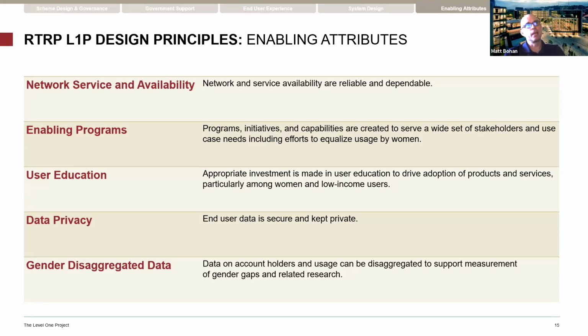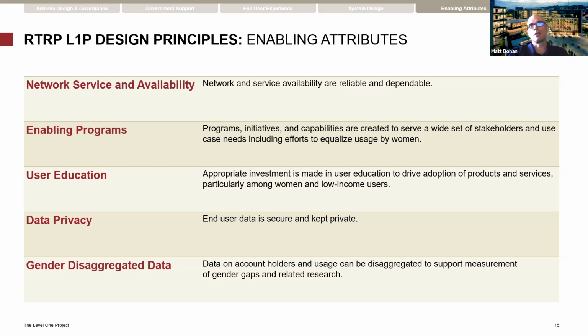So some enabling attributes that we recognize are quite important within the system. Network service and availability have to be there in order to enable these systems to work.